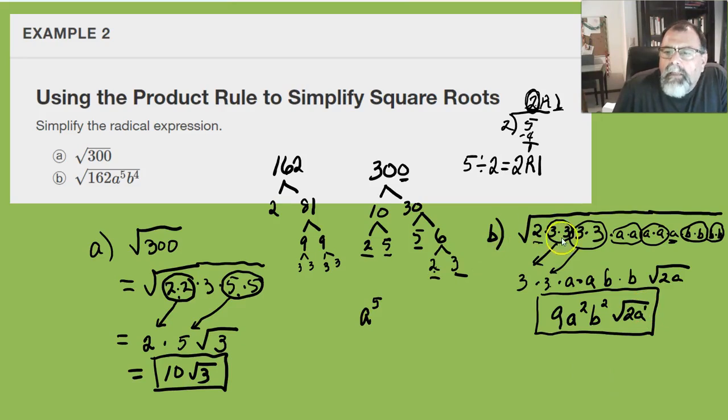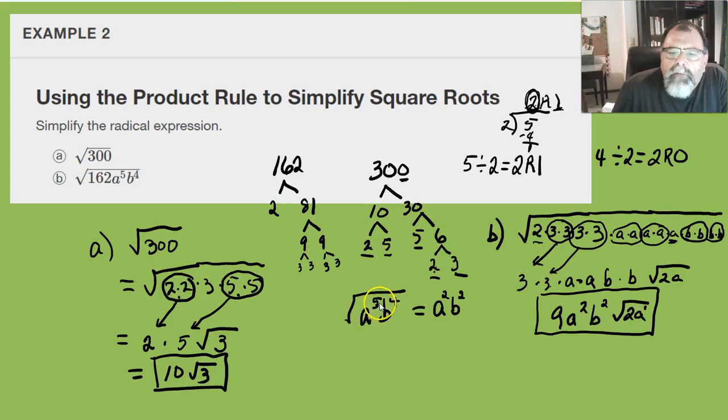Okay? And then for b to the 4th, 4 divided by 2 is 2 remainder 0. So 2 pairs of the b's come out and there's no b's left on the inside. So this would be, 5 divided by 2, because it's square root, 5 divided by 2 is 2. 4 divided by 2 is 2.